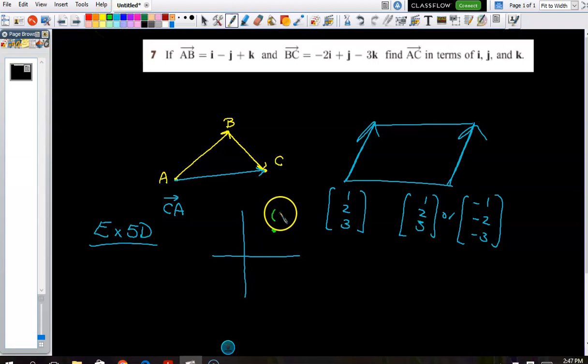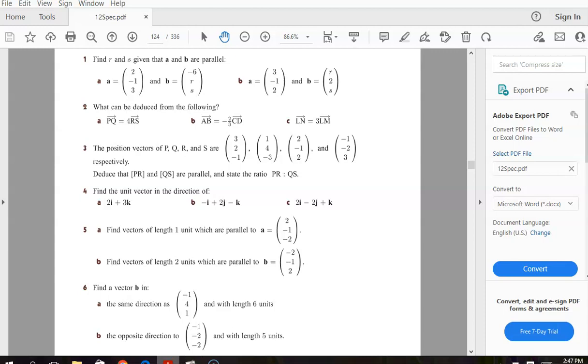If I've got the point 2, 4, and if we call that A, the position vector there is OA, and that would be the position vector 2, 4. So it's just from the origin. Don't get worried about any of that language.